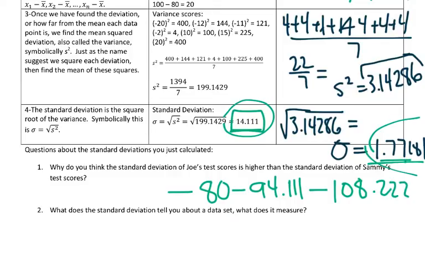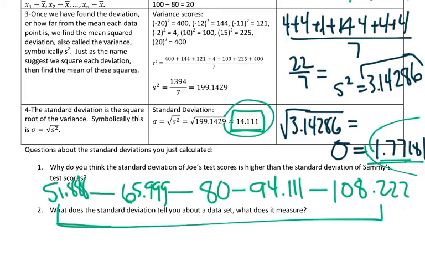Going down, he would be, let's see, 70 minus 4, 66, or 65.999. And then down further would be 51.888. So he can go anywhere from 50% to 100%. Okay? So that's not as consistent as Sammy.